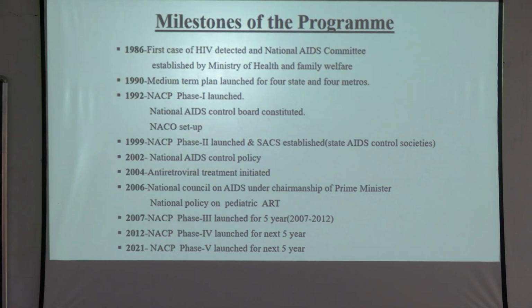Okay. So, in 1986, the first case of HIV was detected, and the National AIDS Committee was established by the Ministry of Health and Family Welfare. But before that, that female scientist had identified HIV cases among commercial sex workers living in Chennai.